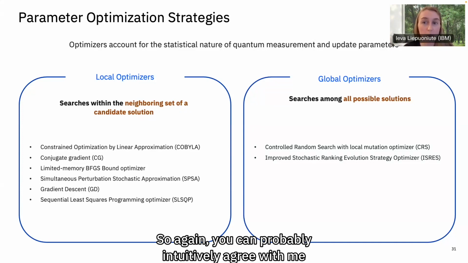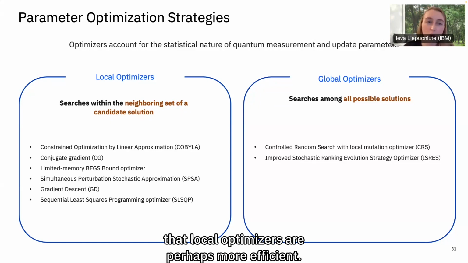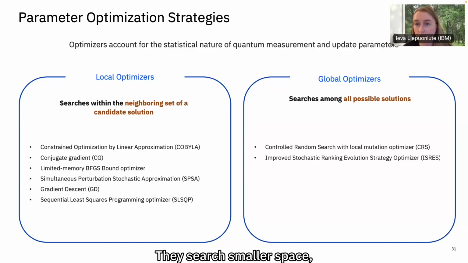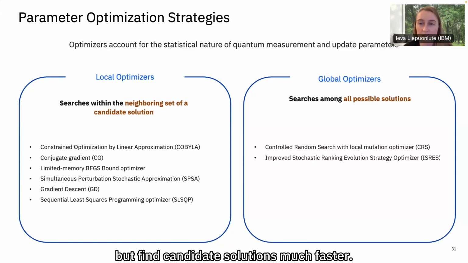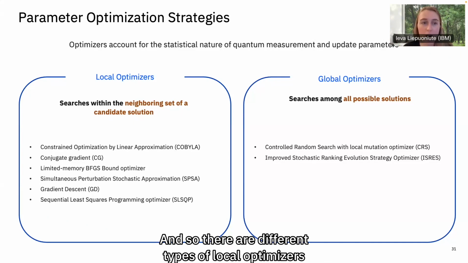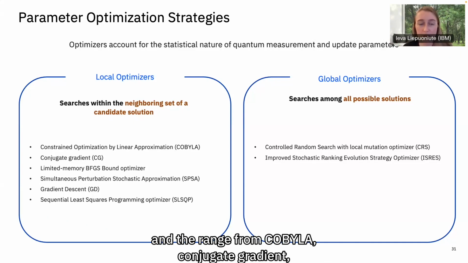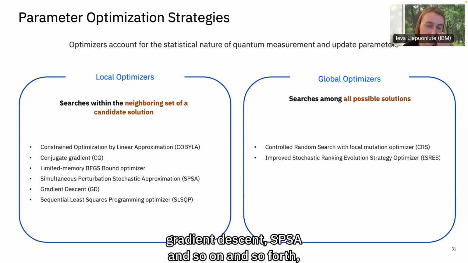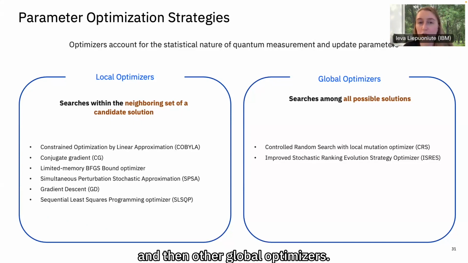You can probably intuitively agree with me that local optimizers are perhaps more efficient. They search a smaller space but find candidate solutions much faster. There are different types of local optimizers, and they range from COBYLA, conjugate gradient, gradient descent, SPSA, and so on and so forth, and then there are other global optimizers.